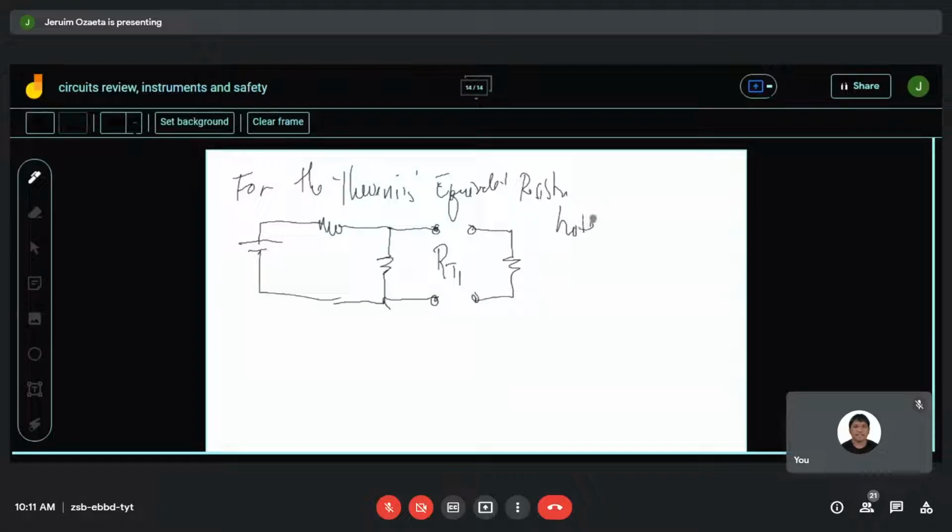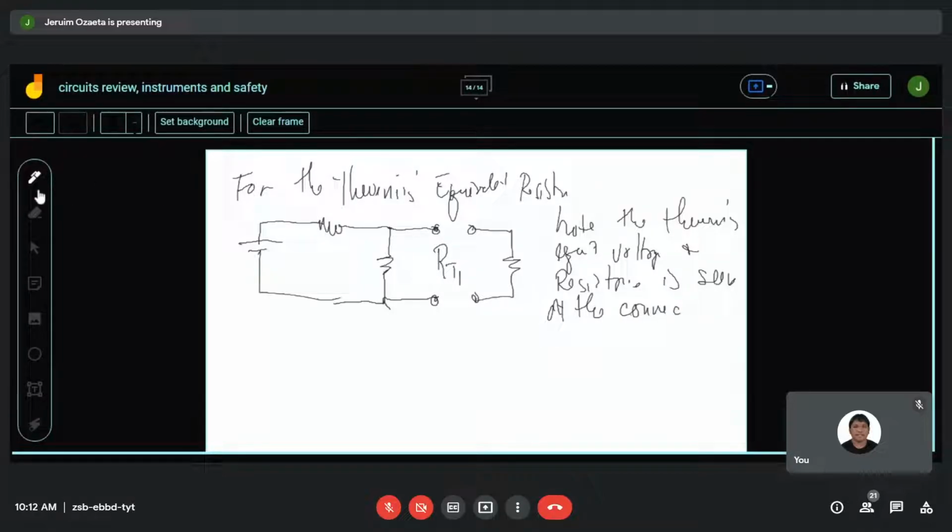You note that Thevenin's equivalent voltage and resistance is seen at the terminal.